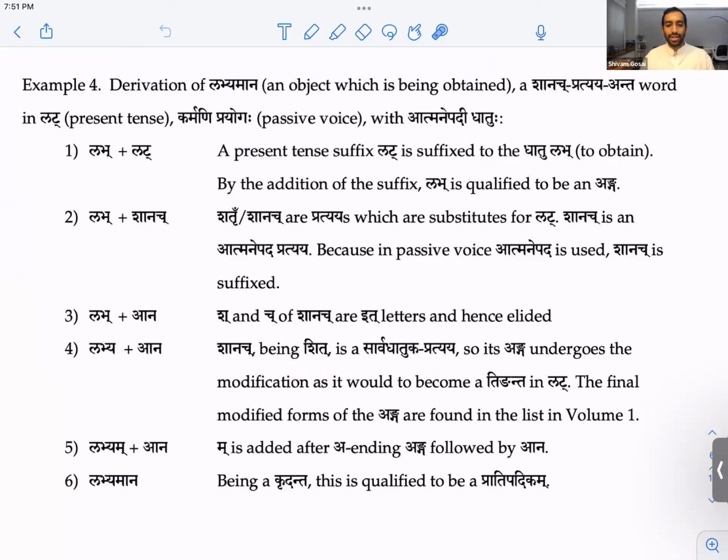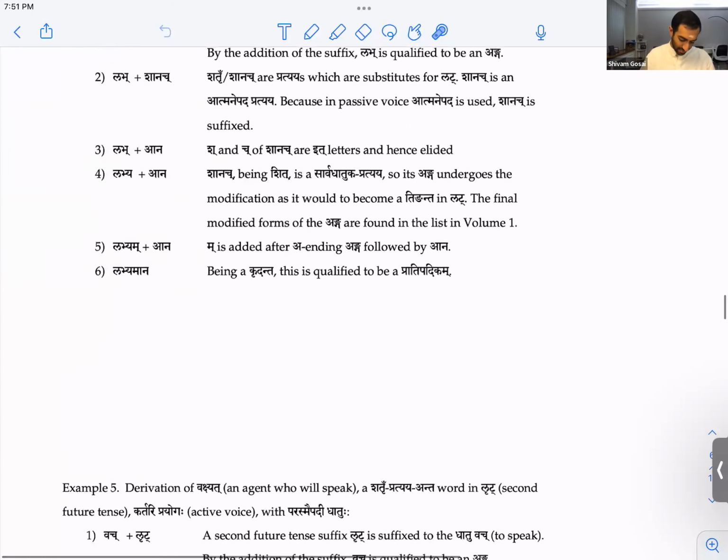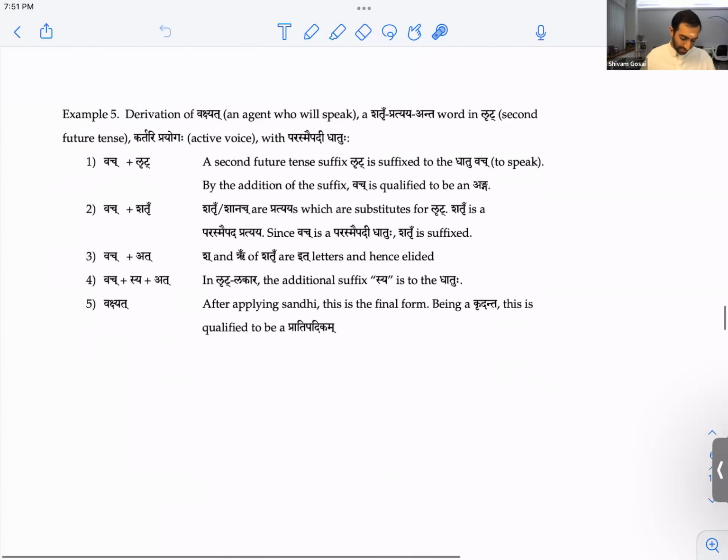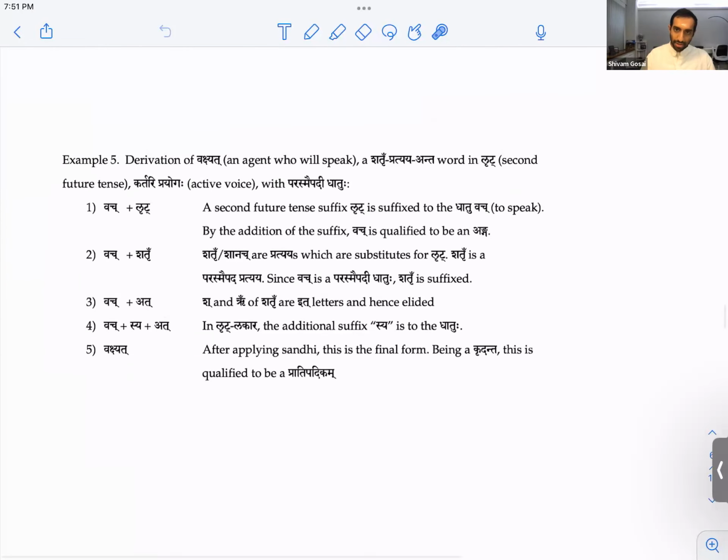So here we're in Karmani Prayoga, so we're going to add Yakara. So Labhya, Ana. Ending with Akara, we're going to add Ma, so Labhyam, and then Ana, so Labhyamana. Earlier we said Labhamana, one who is obtaining. Here, Labhyamana, an object which is being obtained. Let me know if you want me to pause.